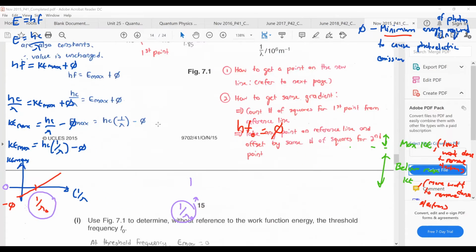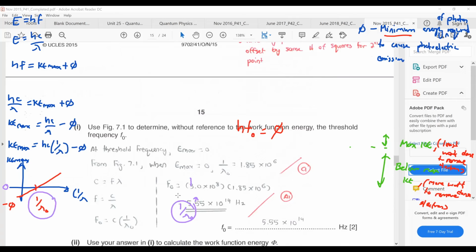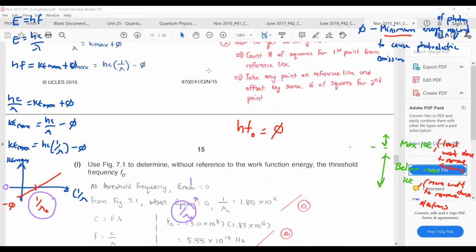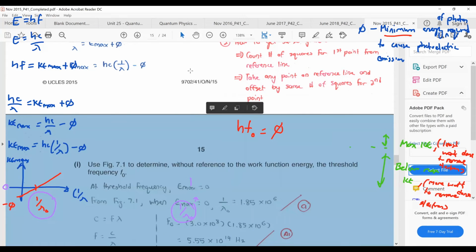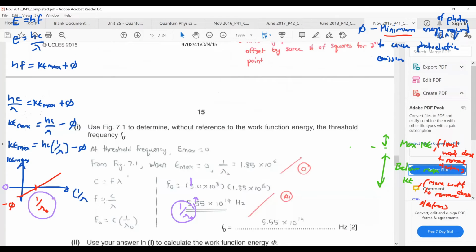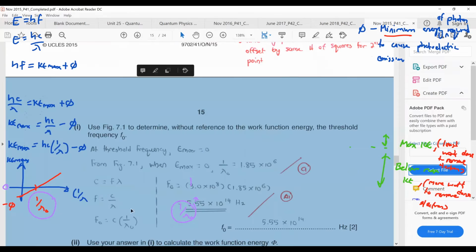Okay. So from 1 over lambda naught, how do you convert it to become F naught? You could use back the equation V equals F lambda. In this case, C equals F lambda. F is C over lambda, you notice that this can be converted to this one, right?